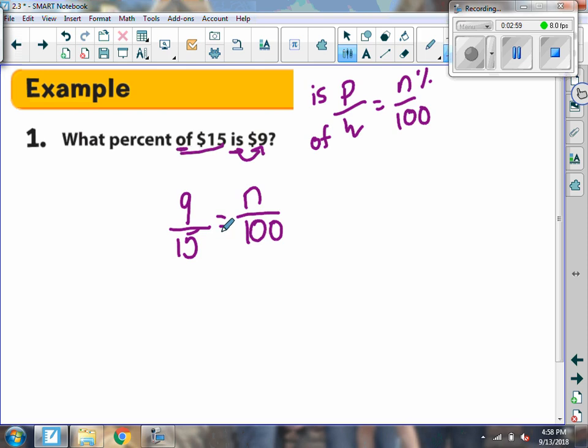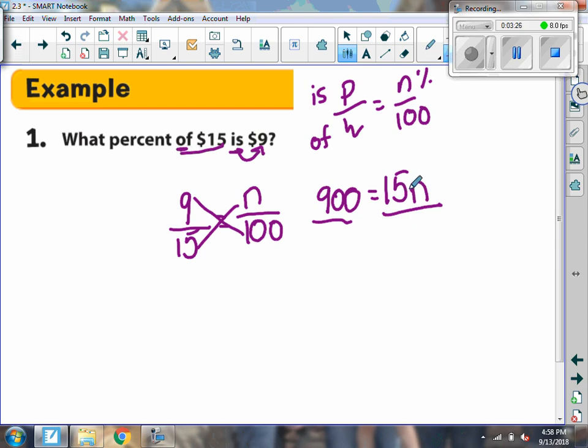So now that we have our proportion, we're going to cross multiply. So 9 times 100 is 900, is equal to 15 times n, which will be 15n. Our next step is to divide both sides by our coefficient, or our number in front of our letter. We want n by itself. We want to figure out what our percent is. So we have to get rid of our 15.